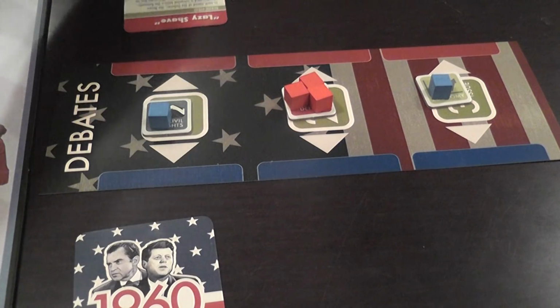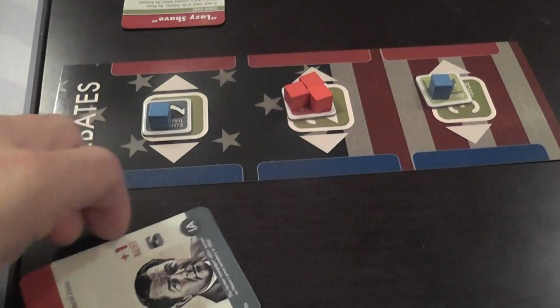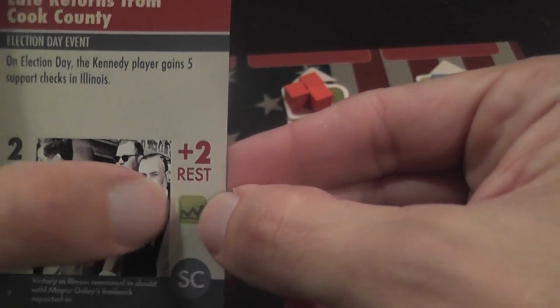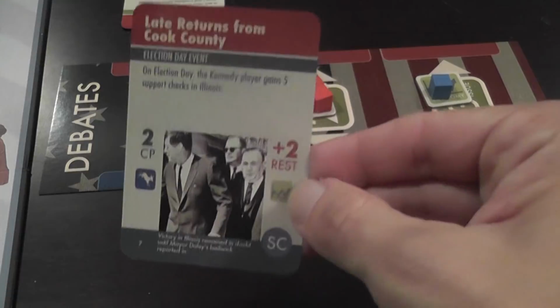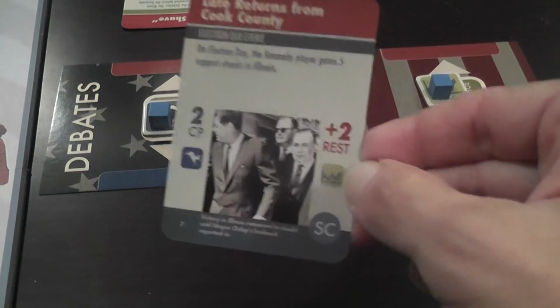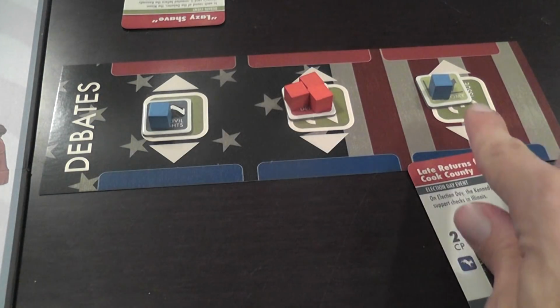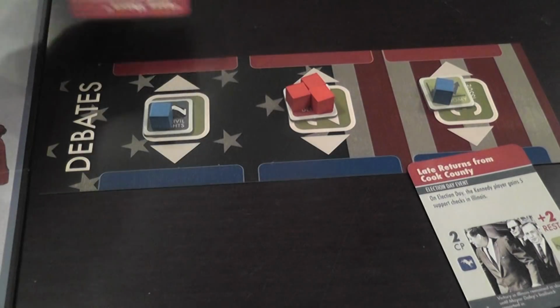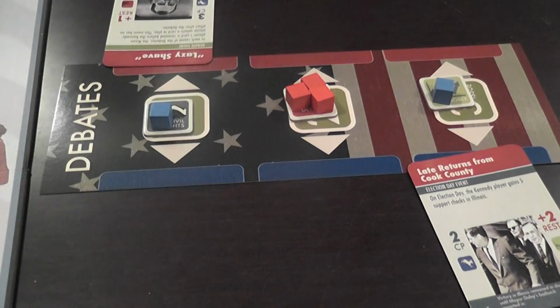Then players reveal the card at the same time, and at that point you look at this icon here that tells you the issue that card is about. So I'm going to place this one next to the economy, which now is there, and this card I place next to defense, which is here.